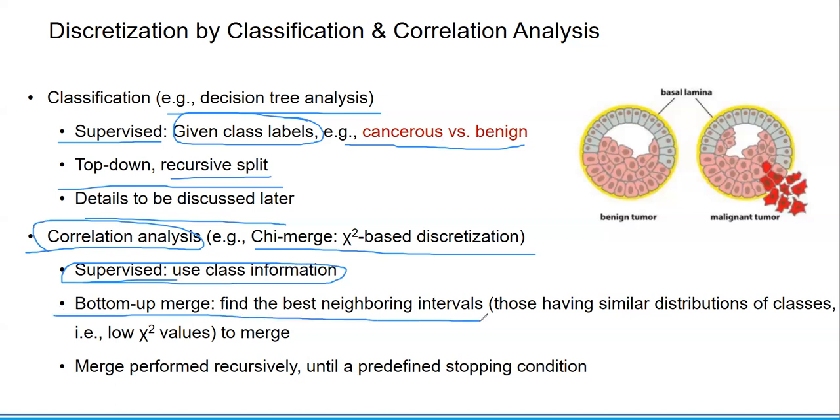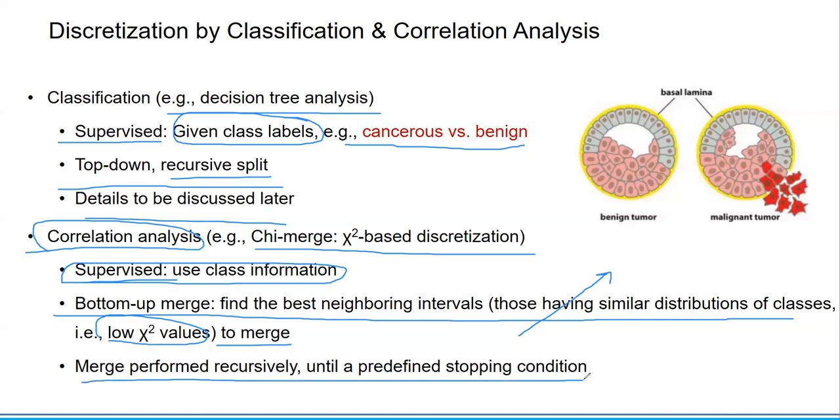We need to find the best neighboring intervals with similar distribution of the class, or low chi-square values, and we can merge them. Because if it is high, then it is not independent, so it's more dependent. If it is more dependent, usually we can use those two attributes for our further analysis. The merge is performed recursively until a predefined stopping condition.